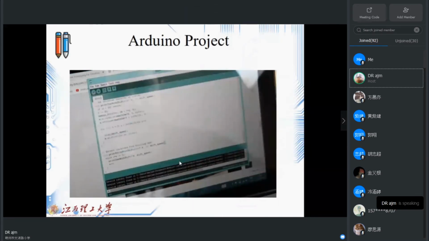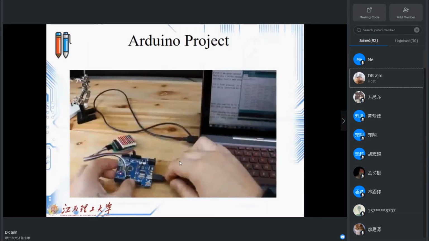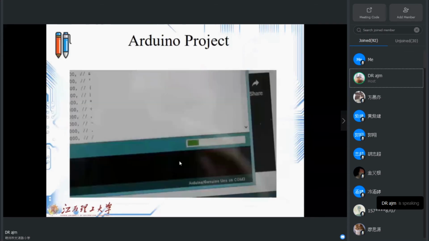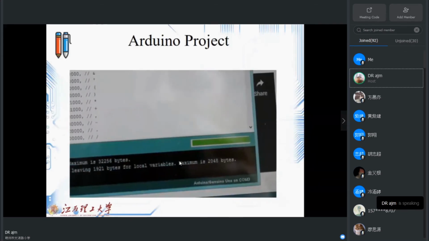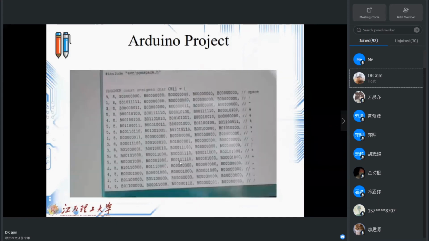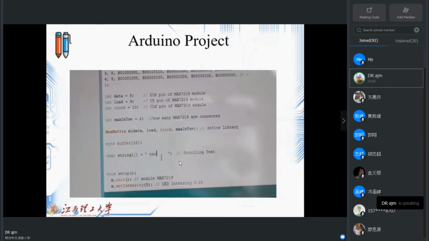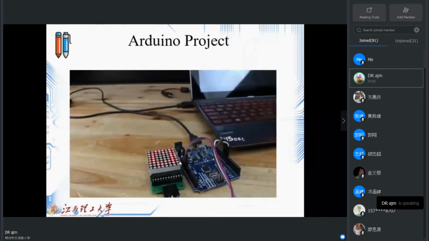After running the code on your Arduino board, it's connected and loaded. You can even make some changes, or write any other things that you want on it, and then you will see that it comes out.